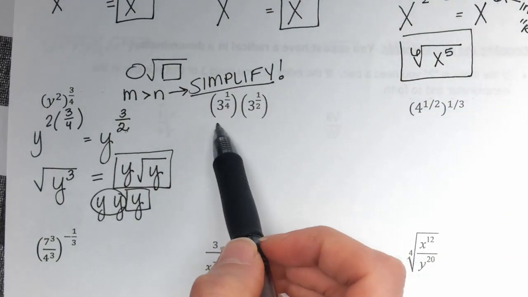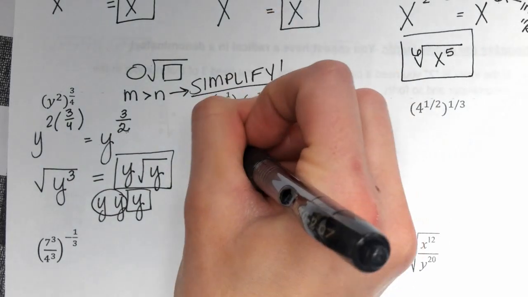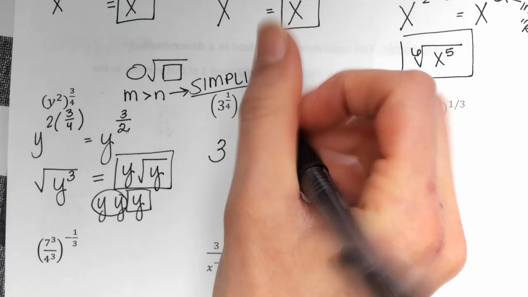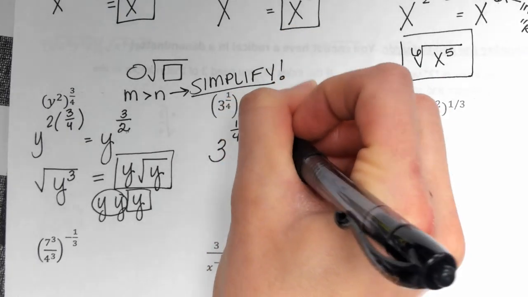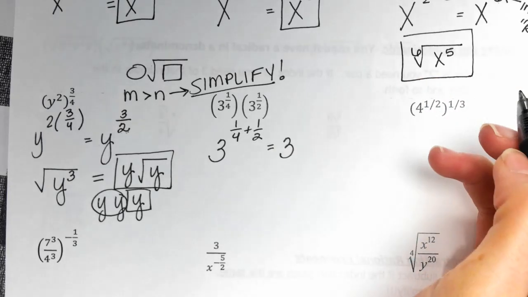So my next example, I have 3 to the 1/4 times 3 to the 1/2. So I'm adding 1/4 plus 1/2. So that's going to give me 3 to the what?